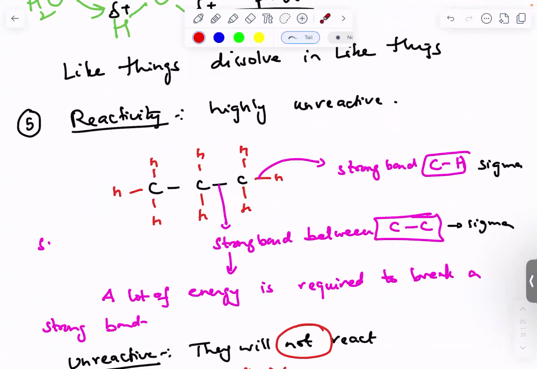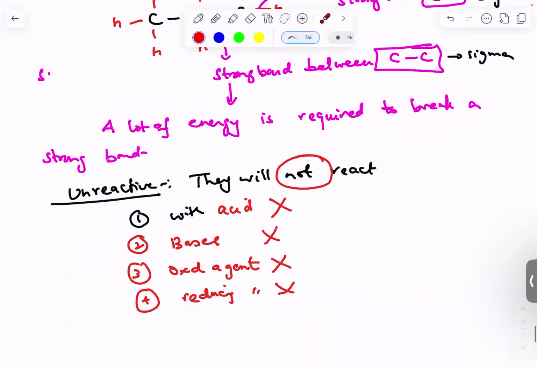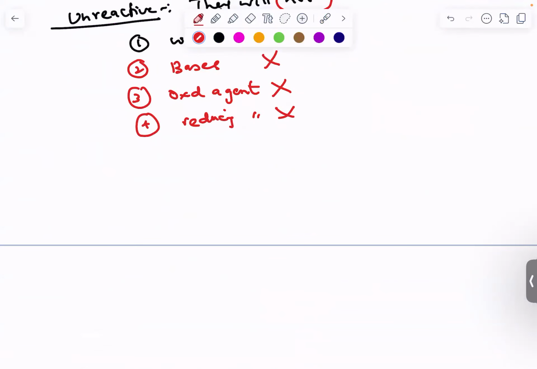If you provide very, very strong heat in the form of temperature, then these bonds would get broken. And what is going to happen? Let's suppose I have ethane, so these are the bonds. I'll show them with these two colors, and the other bond between carbon and carbon.